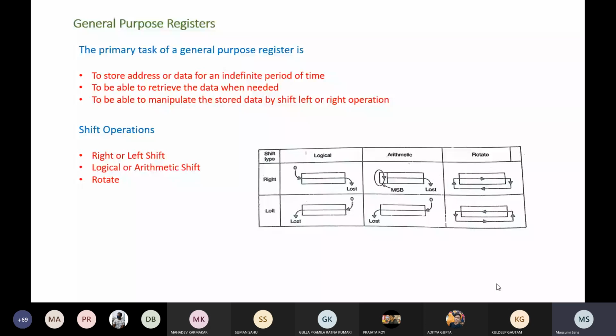Here, for example, you can observe arithmetic right shift when I explain the Booth multiplier circuit. That circuit uses this arithmetic right shift. Okay, so depending on the operation, you can use different types of shifting operation. So this is just an example I have given.